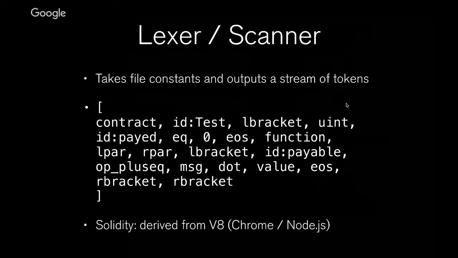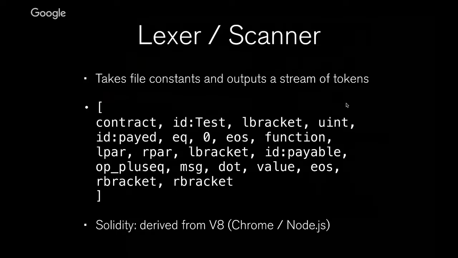So the first step in building this tree is what is called the lexer or the scanner. This is going to take the file characters and turn it into a stream of discrete tokens.